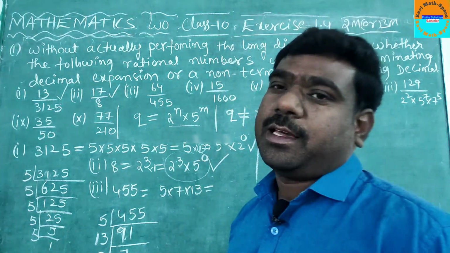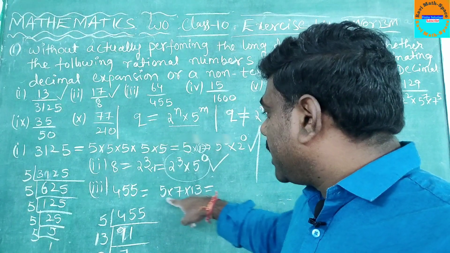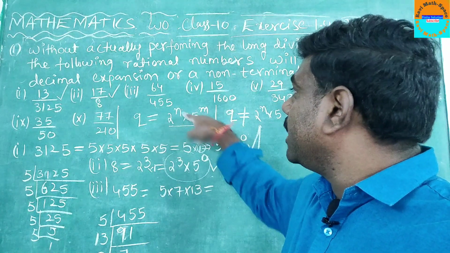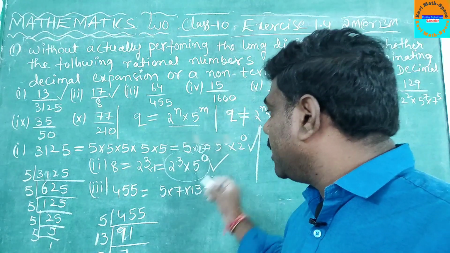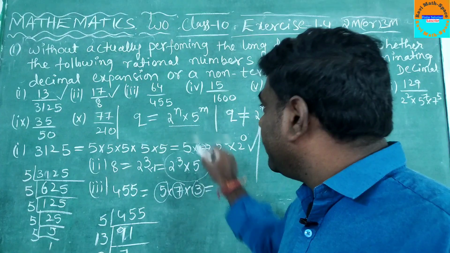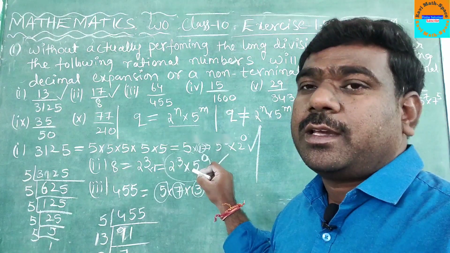See here. This prime factorization is not in the form of 2 power n into 5 power m. Why? Because here 5 is there, but other factors are involved.